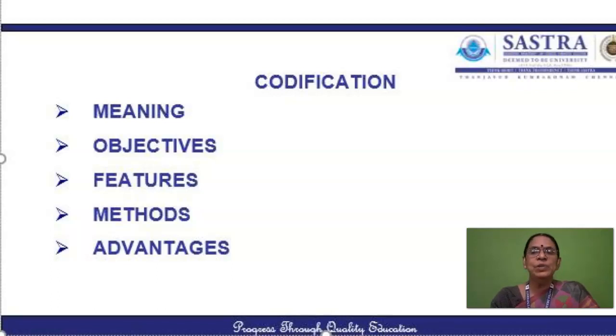If the items are coded according to the sources, then it is possible to purchase the materials in bulk and get the advantages of large scale purchasing. So this codification will definitely result in simplification, that is, avoiding duplication and identifying the materials with their history, and it results in standardization.